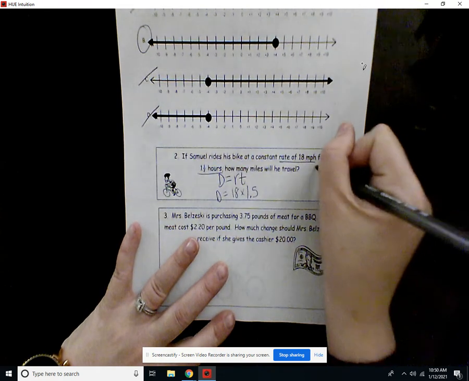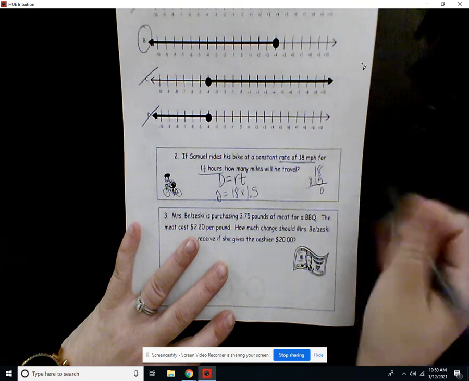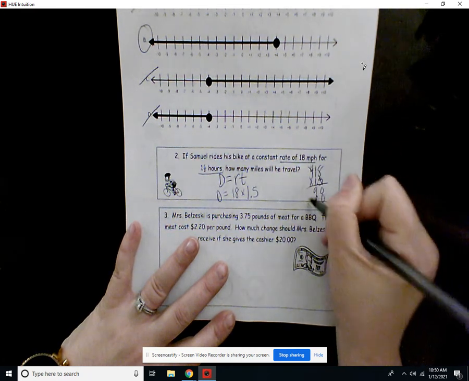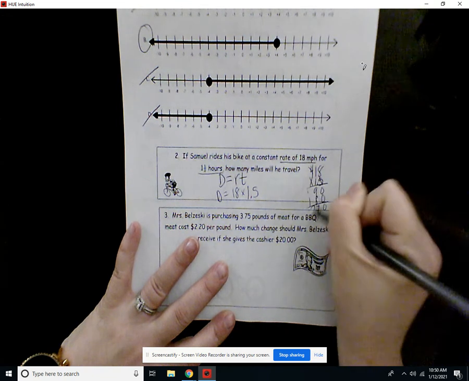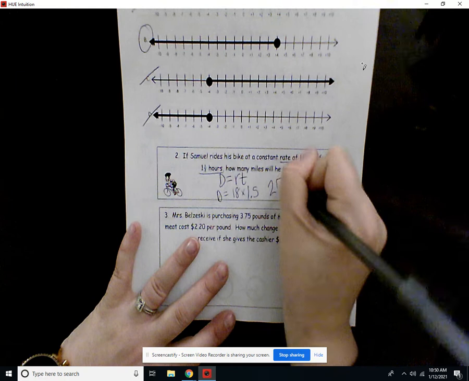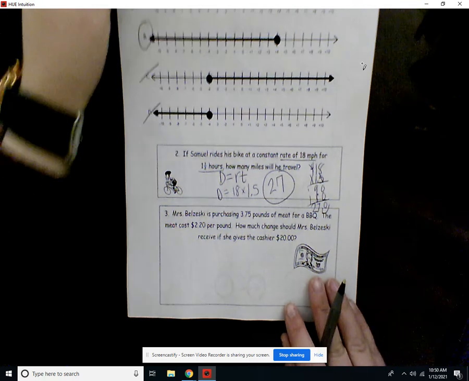We're going to multiply 18 times 1.5. Move our decimal over 1, and so we get 27. That'll be 27 miles.